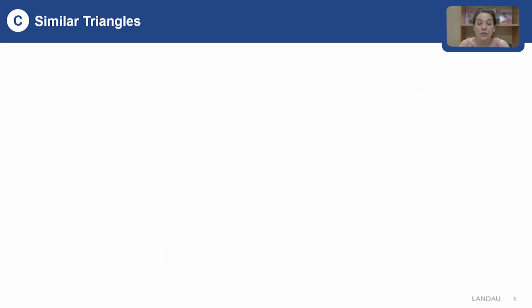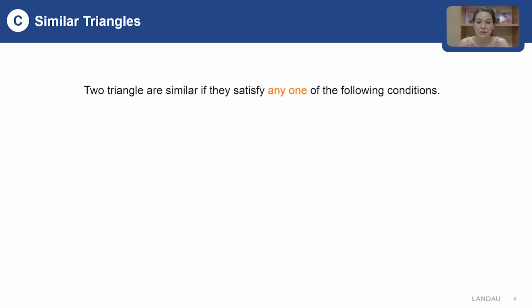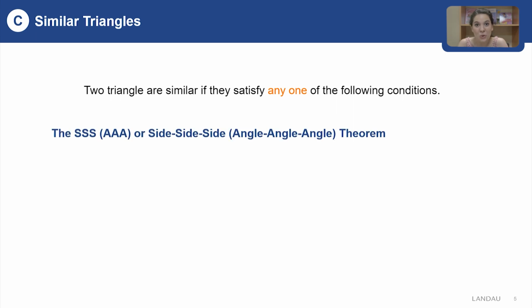It is time to talk about similar triangles. In order to identify which triangles are similar, we have some rules. So we have some conditions that should be satisfied. Let's learn them. First, it says SSS, that stands for side, side, side, or AAA, that stands for angle, angle, angle theorem.